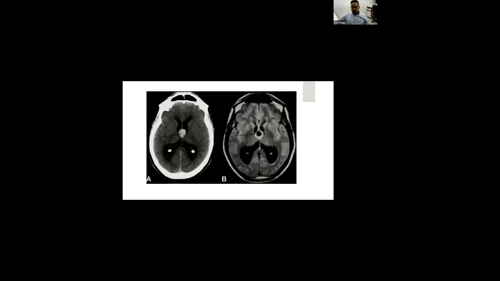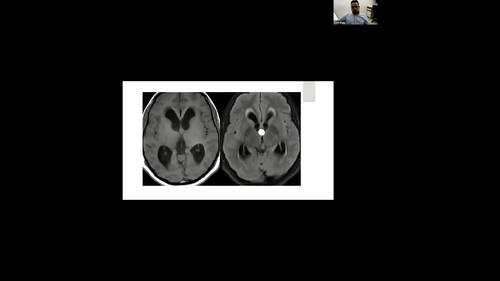And on subsequent FLAIR sequences, you can see predominantly hypointense signal at the level of foramen of Monro. The hyperdensity on CT and hypointense signal on FLAIR are attributed to the protein content of the cyst, and this is a case of colloid cyst, which is resulting in hydrocephalus.